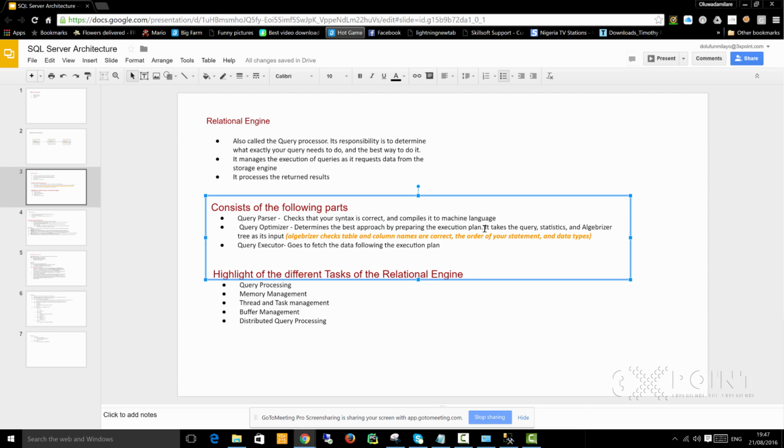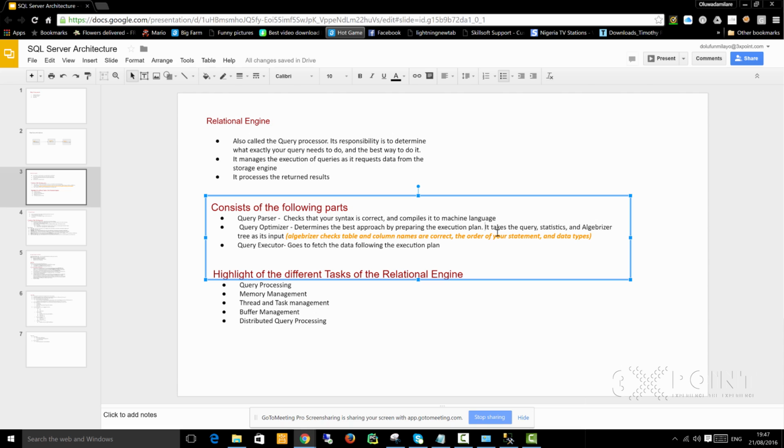The execution plan is the result of the one decision that it made out of the whole permutation of options made available to the relational engine. That execution plan also depends on other things, because SQL Server has to rely on some inputs to be able to make that one decision.